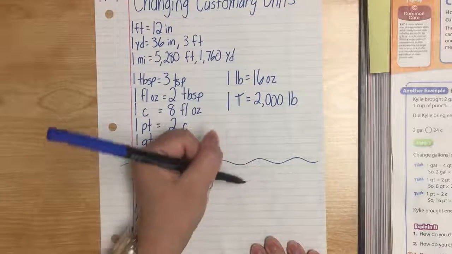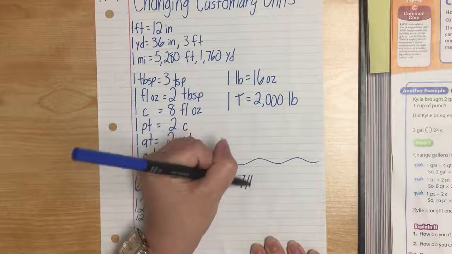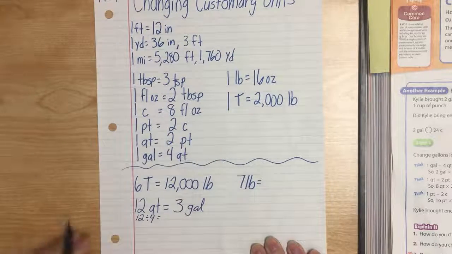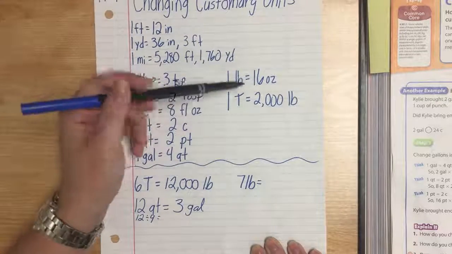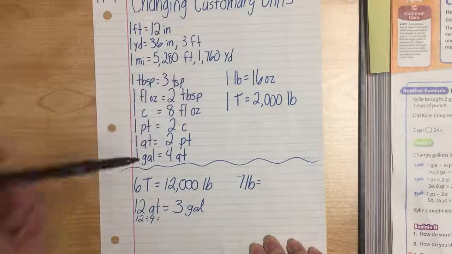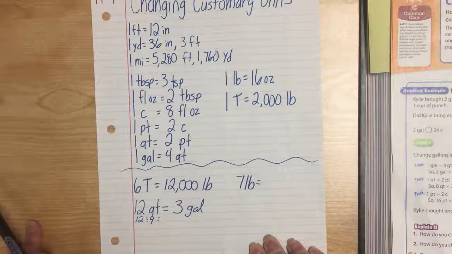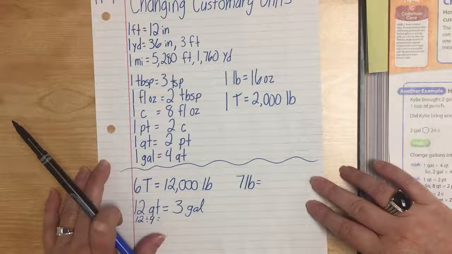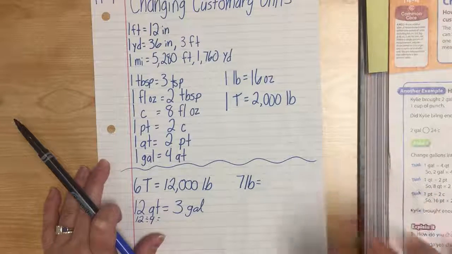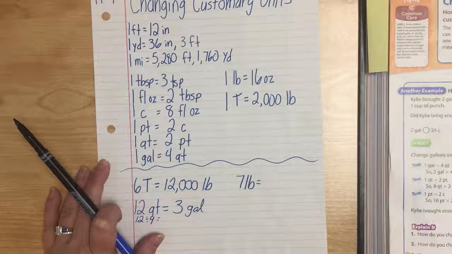Okay, what about pounds? If I have 7 pounds and I'm going to convert that into ounces, 1 pound is 16 ounces. So what am I going to do? Am I going to divide or multiply?